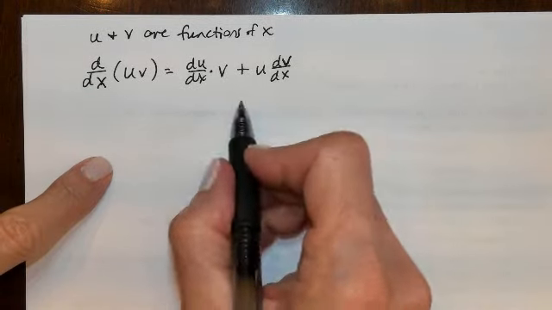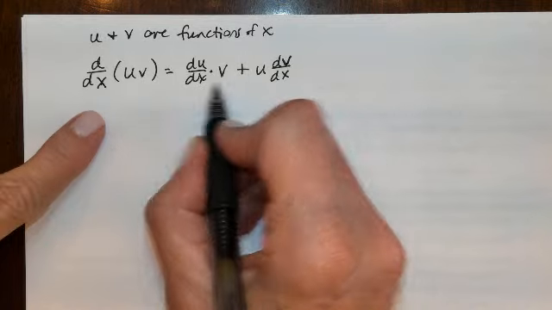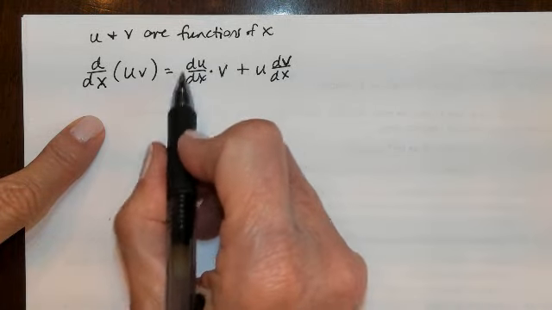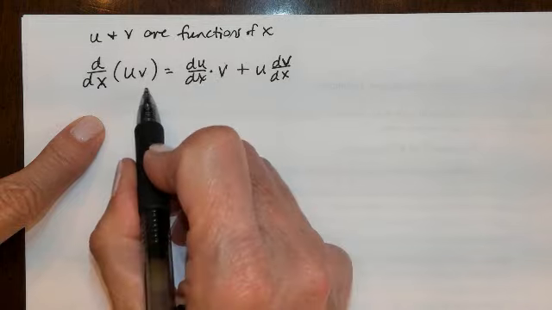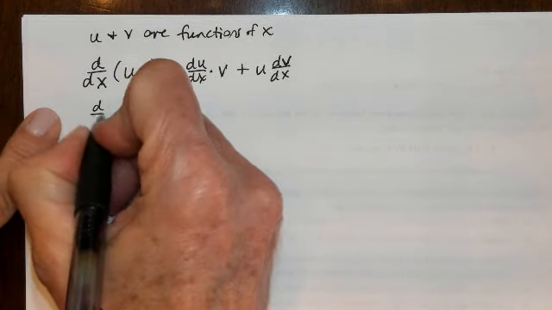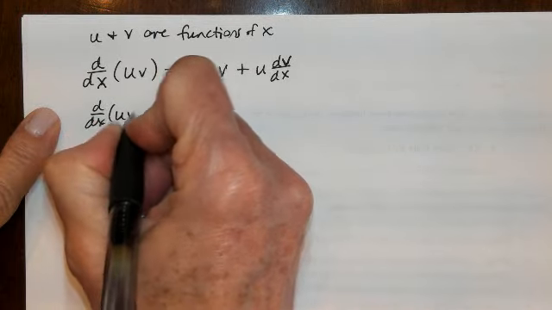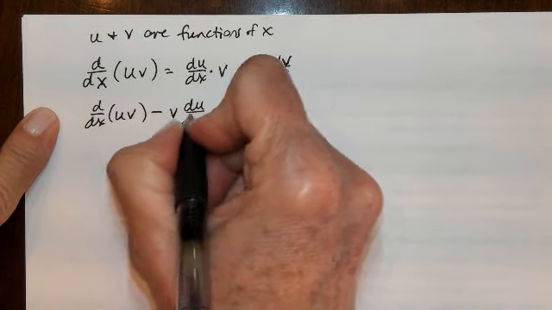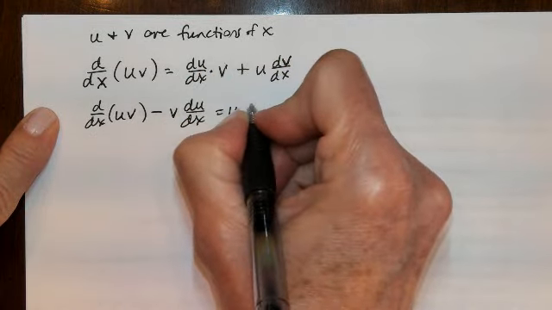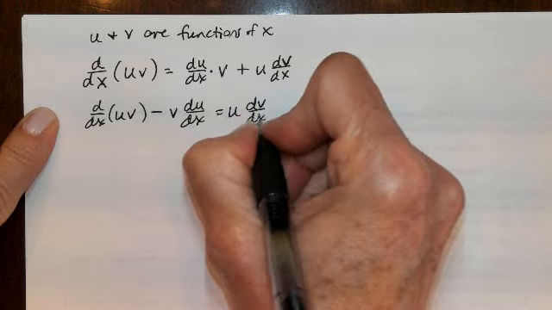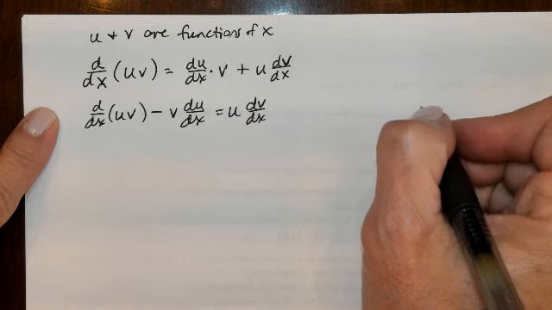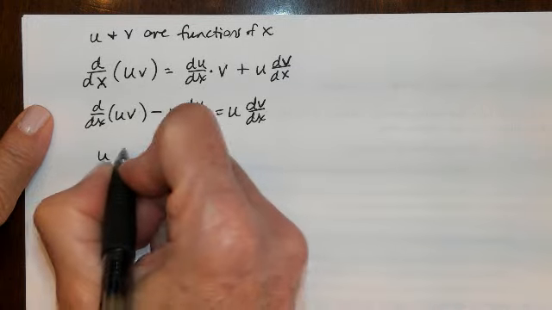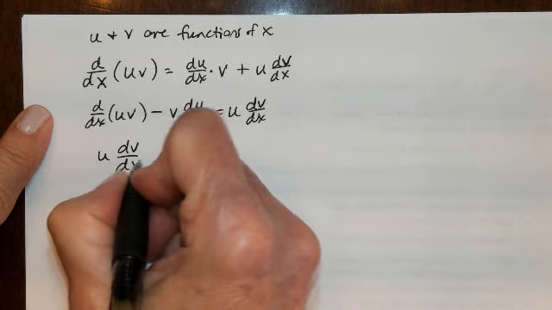Now what I'm going to do is move this v du dx to the other side. So I'm going to have the derivative with respect to x of uv minus v times the derivative of u with respect to x is equal to u dv dx. And now I'm just going to switch sides. I want this term to be over here.